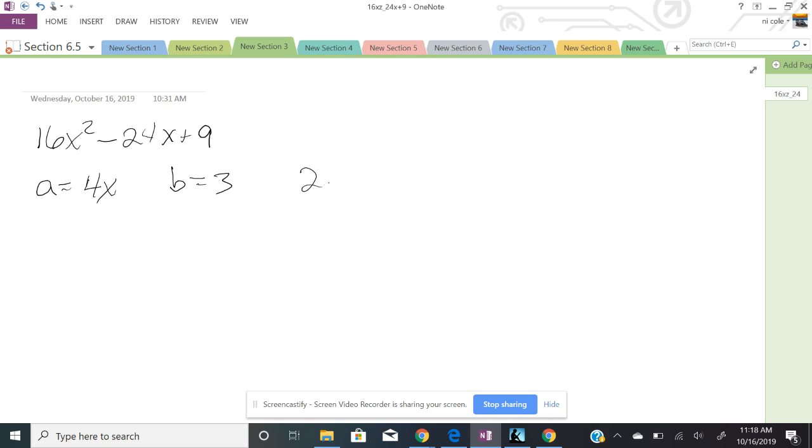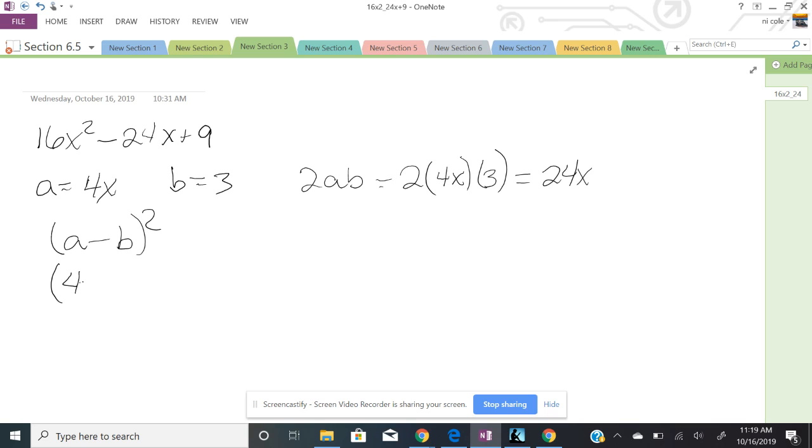So now I'm going to check 2ab, and that's equal to 2 times 4x times 3, which gives me 24x, which is exactly what I want. So then I can come in and go, well, it's a minus b squared. Replace the a with 4x minus 3 and square it.